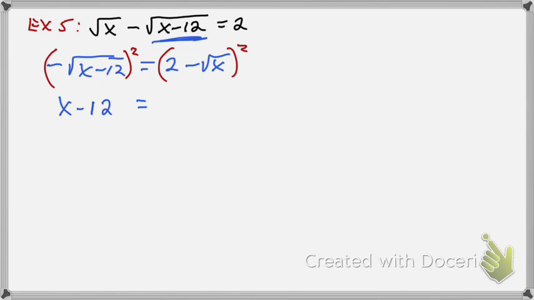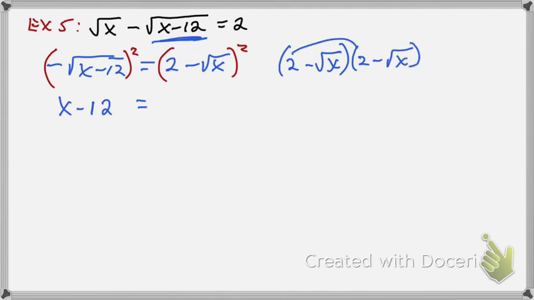Now, on the right-hand side, do you want to just say, well, that's a perfect square trinomial, or do you want to FOIL it? FOIL? Okay. So what I'm going to do is say 2 minus the square root of x times 2 minus the square root of x.